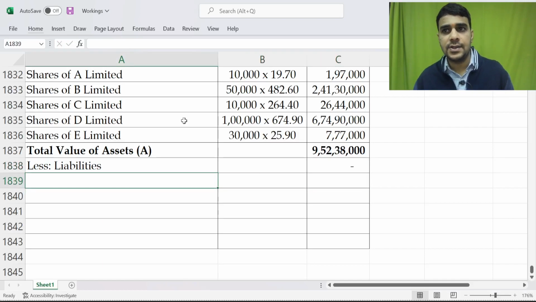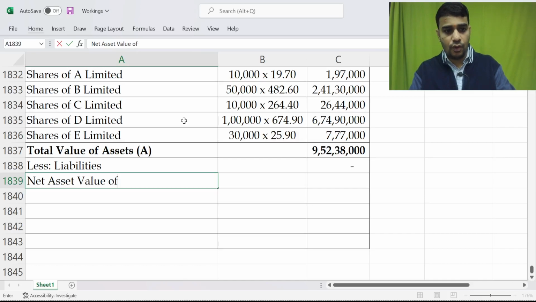There are no liabilities in this question. Let me know if you get stuck somewhere. Liabilities is not there. Net asset value of fund, or you can say net assets of fund.